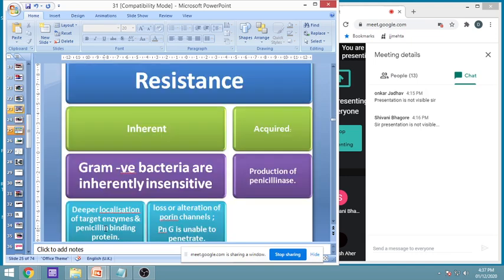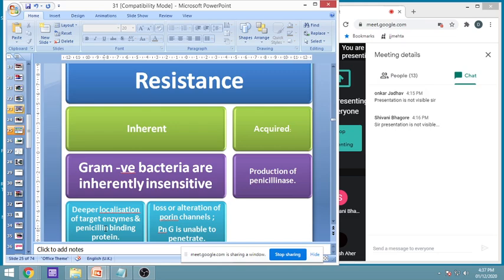Now, why is there resistance to this? We have seen the general mechanism, but let us see. There are two ways we can say: inherent and acquired. Inherent means because of the normal life cycle or normal metabolic activities of the bacteria, at normal level only they are able to combat the action of the antibacterial.